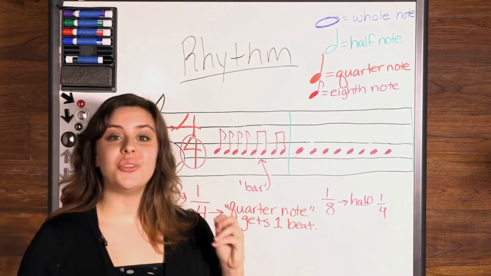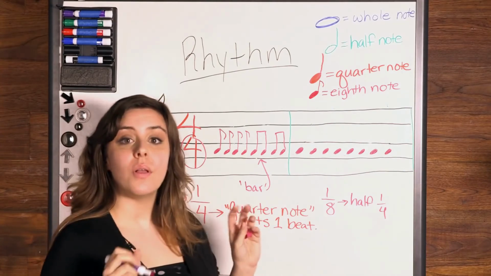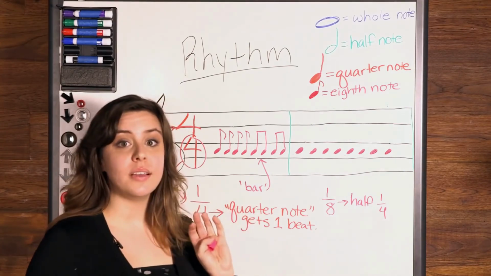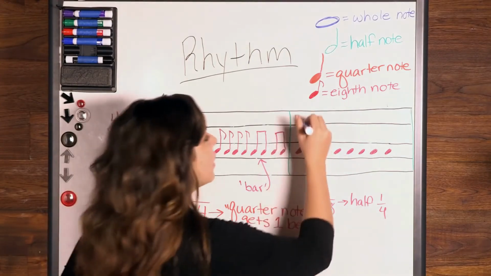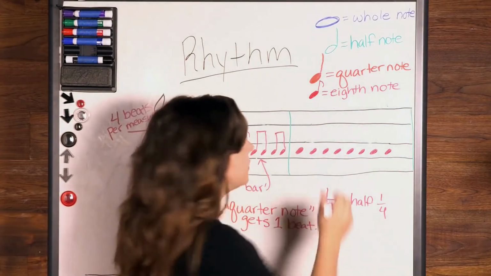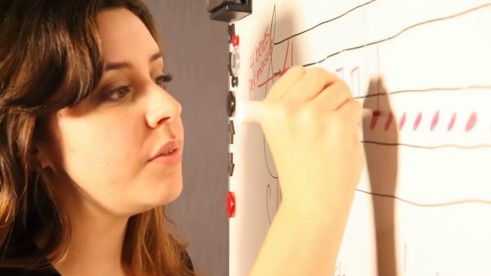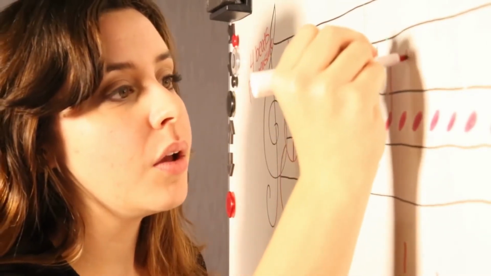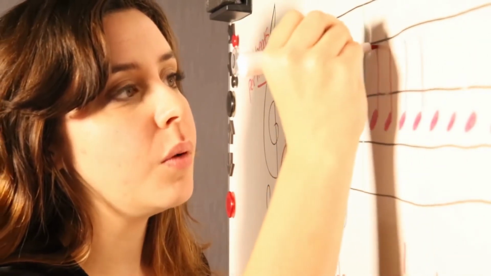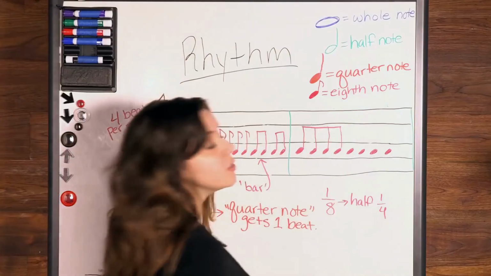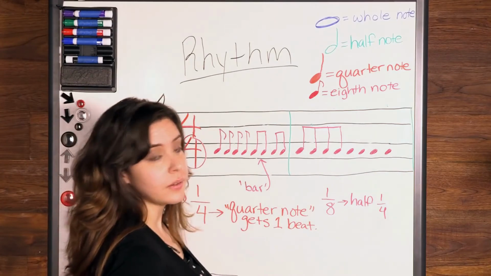Now, the last way that you can actually write them, if and only if there is 4 of these eighth notes together, and no more and no less, is if there's exactly 4, you can join all 4 of them together.